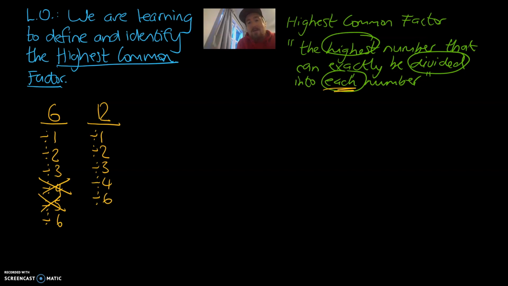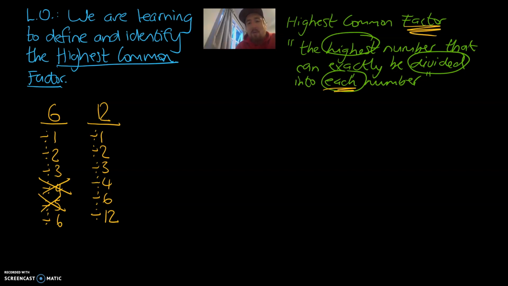Yep, that gets us to 2. Divided by 7. No. Divide by 8. No. Divide by 10. No. Divide by 11. No. And divide by 12. Yes. So we've got our list, and what these lists actually represent is these are the factors.